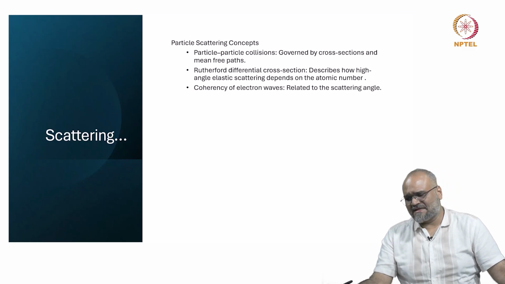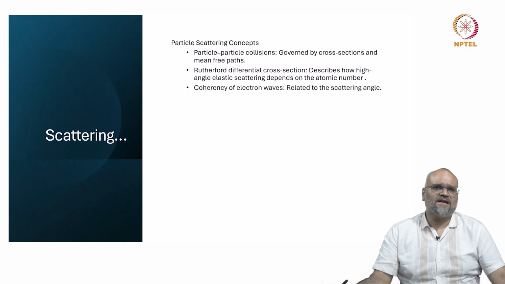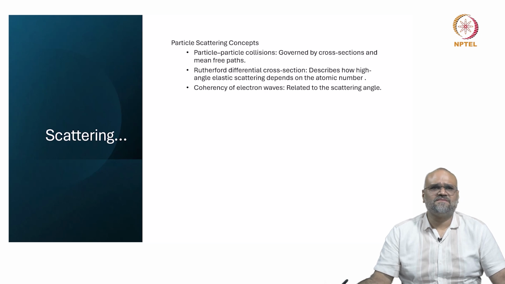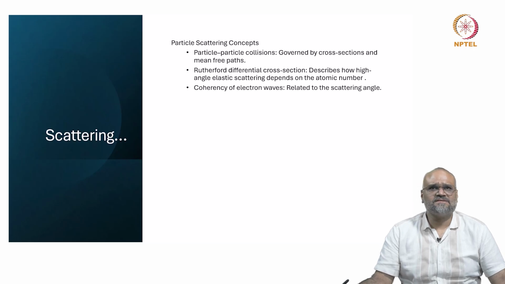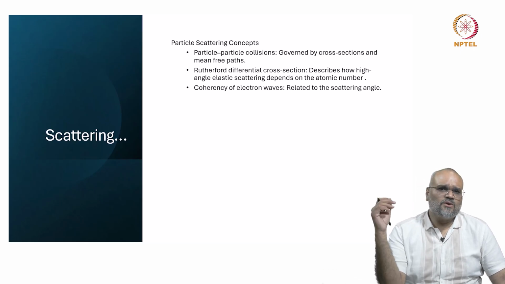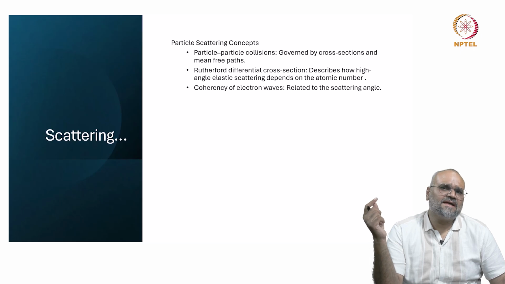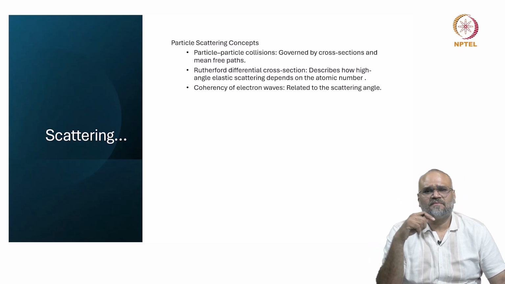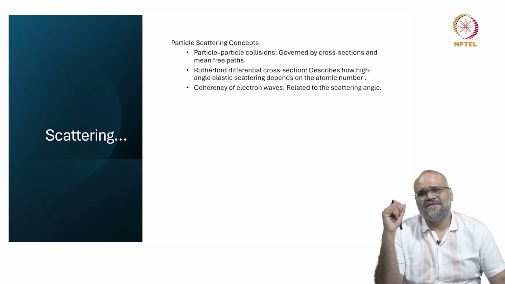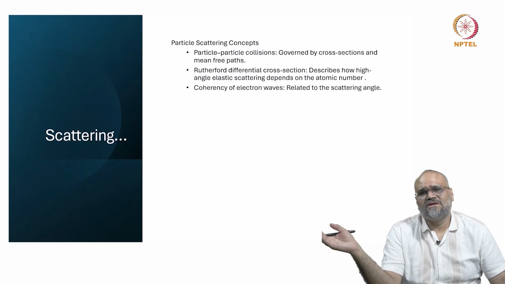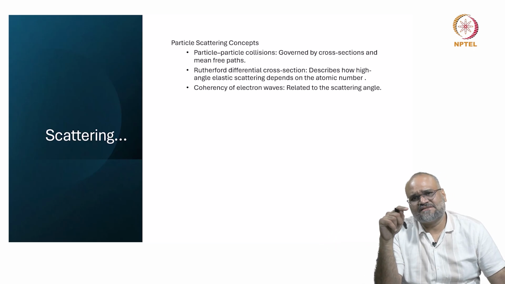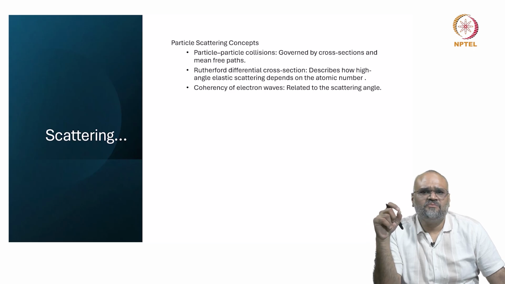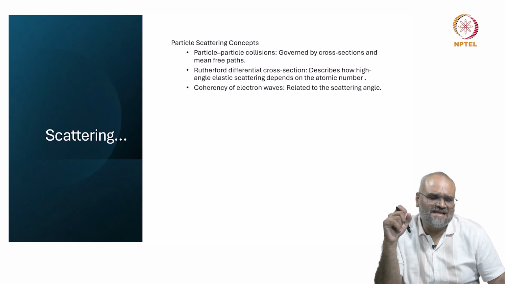Also, we had something on the coherency of the electron waves. We introduced a few concepts. In fact, if you remember, we touched on this concept called coherency when we saw the lectures on electron sources. But the coherency of electron waves is also related to the scattering angle. Initially, the Rutherford experiment was considered as giving you an expression for a successful scattering event, and most of the collisions were considered elastic.